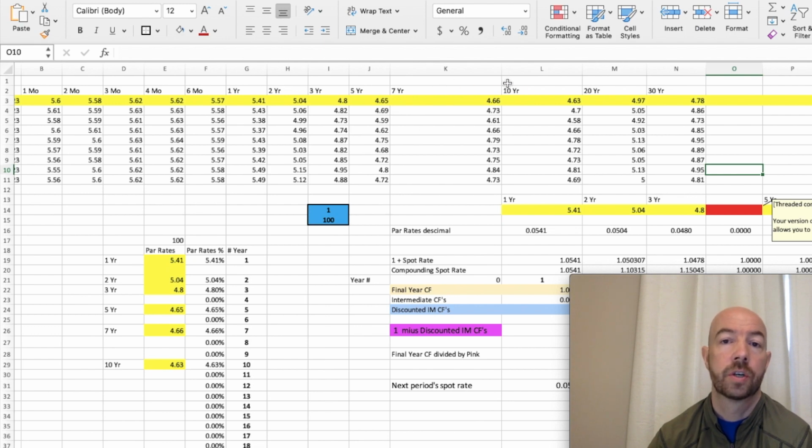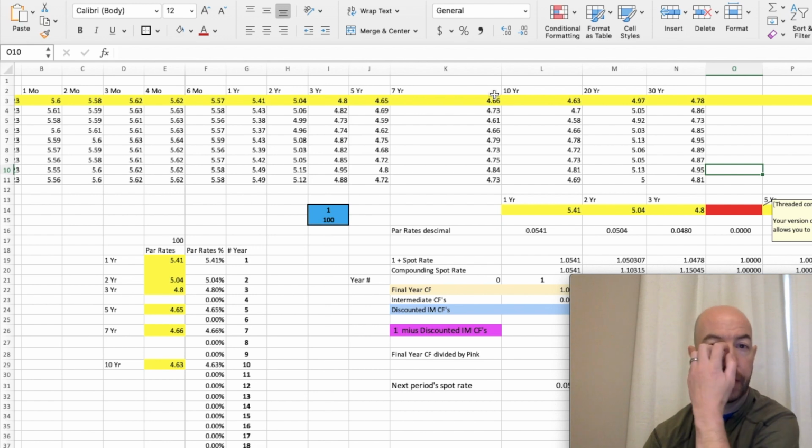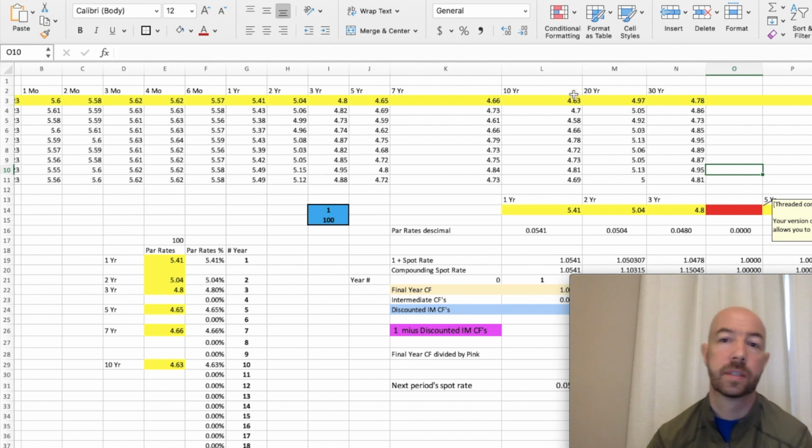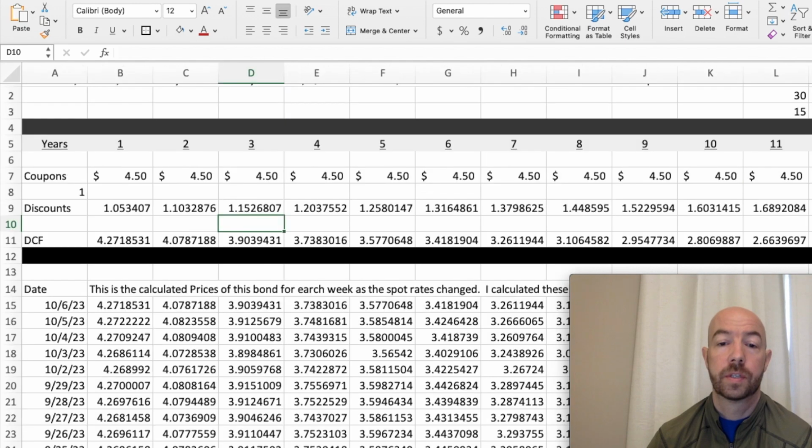As far as I can tell, they're going to have to estimate the 6 year in this case, the rate for years 8 and 9, all the years between 10 and 20, and all the years between 20 and 30. So these are, again, calculated numbers. It's not as straightforward as it appears to us.